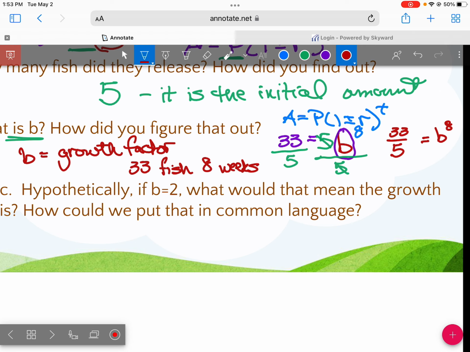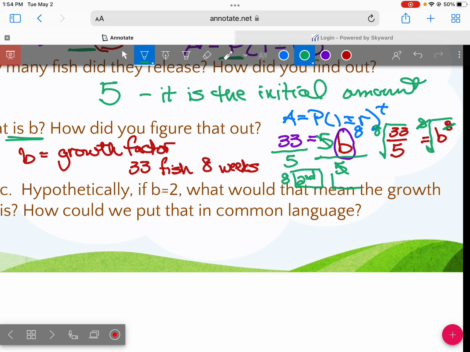Now, I don't want B to the 8th power. I want B by itself. Right, but we don't call it the square root, but I know what you're talking about. We're going to take the 8th root of B to the 8th power. That means what times what times what, 8 times, gives me that amount of B. So if I take the 8th root of that, I need to take the 8th root of 33 divided by 5. In case you've forgotten, that means you start with the root, whatever it is. You hit the second button.